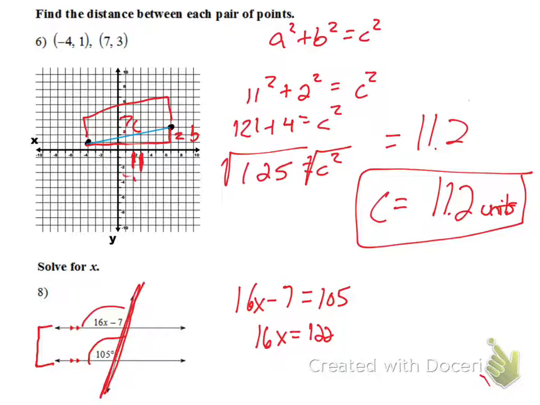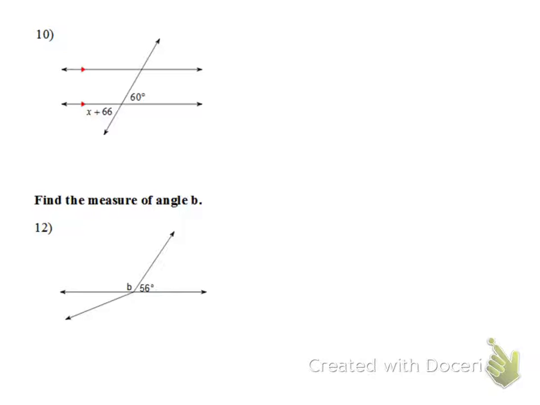So maybe I did something wrong here. It's not 122, sorry about that, it's 112. If I have to add 7, then add 7, so that would be 112. So 112 divided by 16 is equal to 7. So x is equal to 7. As I just displayed, it's easy to make addition errors, so go back and find your errors.